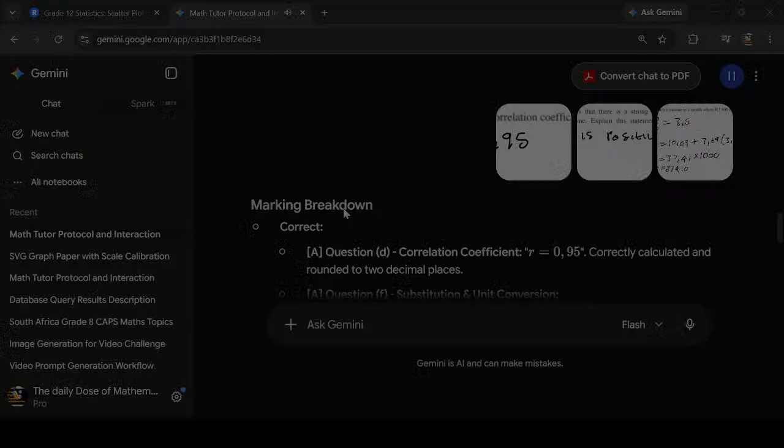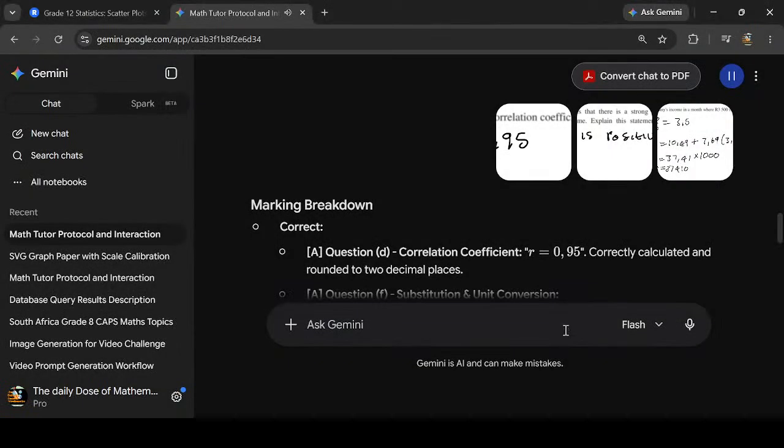But closer to a 1, that's strong. The closer to the edges, the tighter the flow. Now listen to the rule. Don't make the classic mistake. A negative R does not mean the strength is weak. It just tells you the direction of the peak. Negative means it goes down. Positive means it goes up.